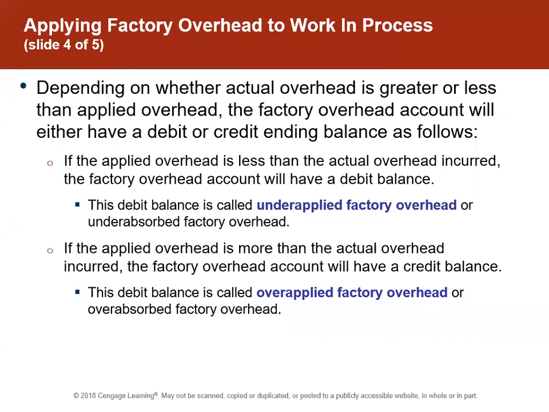And I have that in your notes. If we applied more than our actual, then we over applied. So if we have a credit balance, that means we over applied. Which one is the estimate?